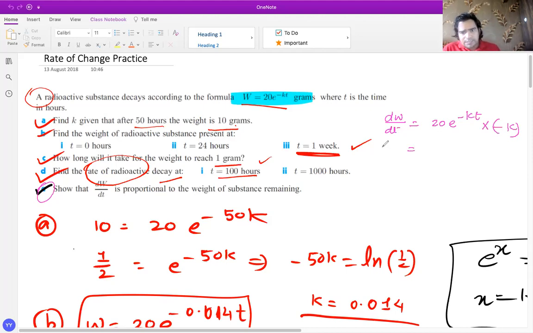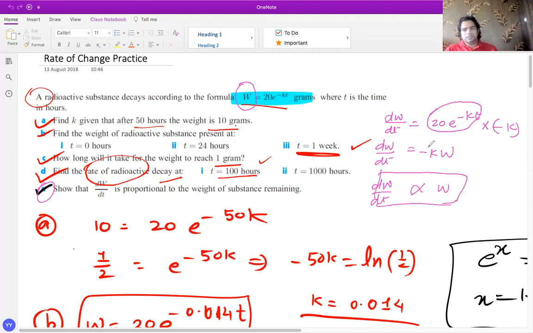Now, as we can see, 20 e to the power negative kt is the same as the W formula. So I can put negative k times W, and you can clearly see that dW by dt is proportional to W if I remove the constant. So this is how you do the basic questions on rate of change.